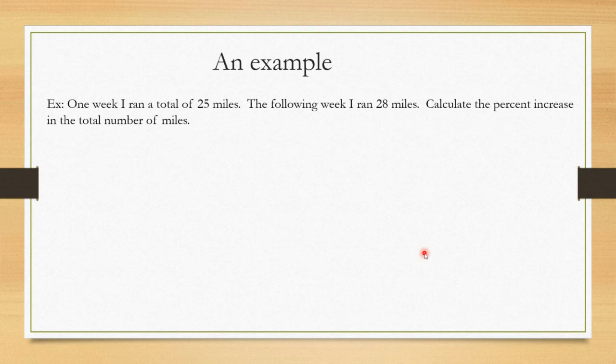So one week I ran, let's say, 25 miles total. But let's say the next week I pushed myself and ran 28 miles total. What I want to do is calculate the percent increase in the number of miles.